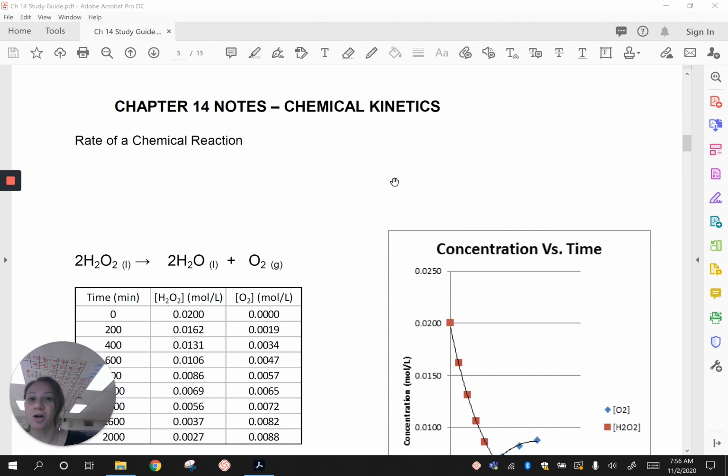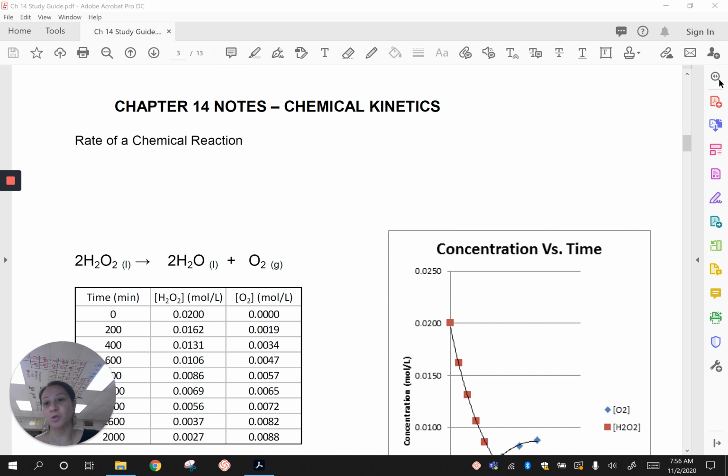So let's start with a little bit of an introduction of what reaction rates are and what they mean. The rate of a chemical reaction, the rate of anything, like let's say you are driving to school and I ask you, what is your rate? Well, it's usually the change in something per change in time. For your speed driving to school, it would be change in distance over time.